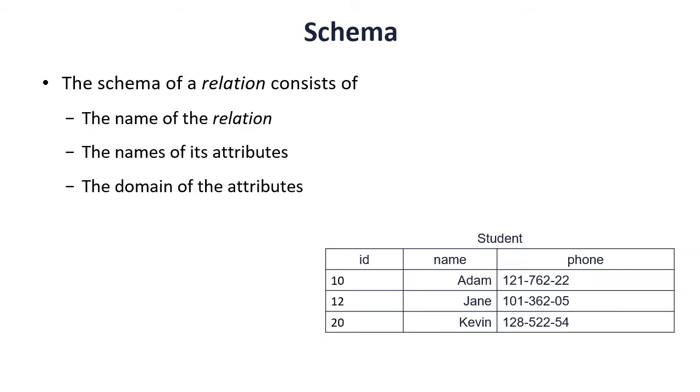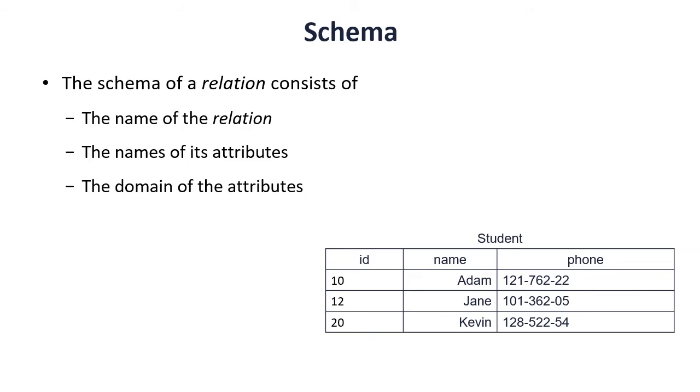Now, when it comes to describing a relation, we specify what's known as its schema. It's a simple notation that consists of the name of the relation, the names of its attributes, and in some cases, we also include the possible values or the domains of each attribute.